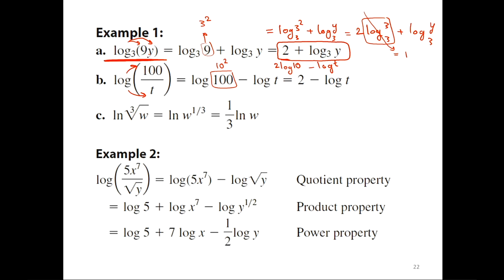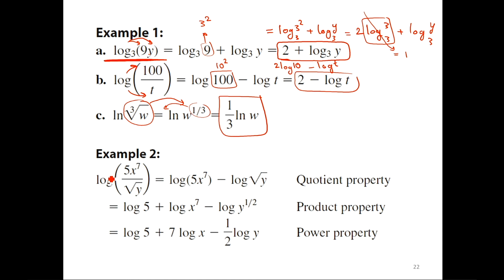This is log 10 to base 10, which is 1. 2 multiplied by 1, so we have 2 minus log t. Also, we can convert the radical to the power 1 over 3 in ln w, and put the 1 over 3 outside the ln. So we have 1 over 3 multiplied by ln w.